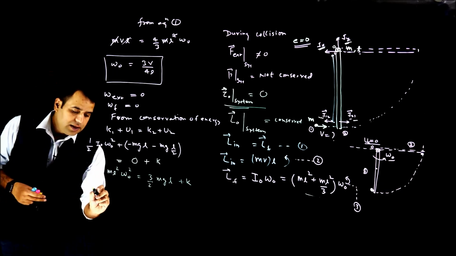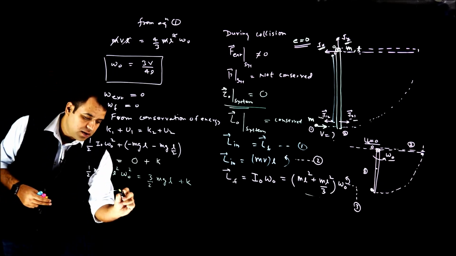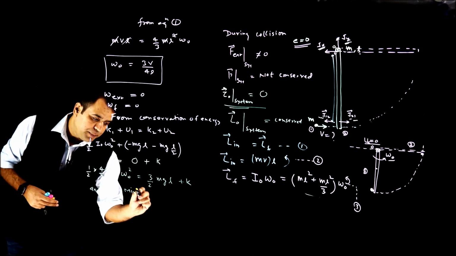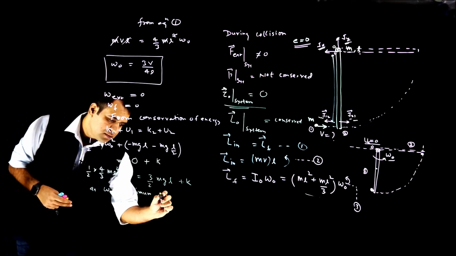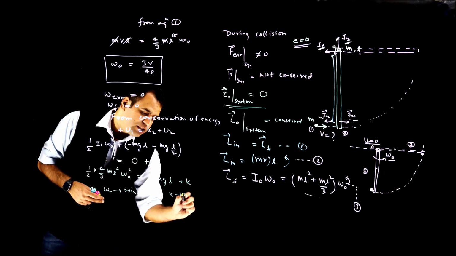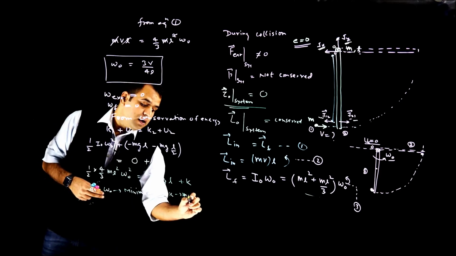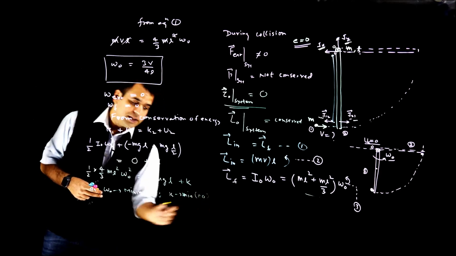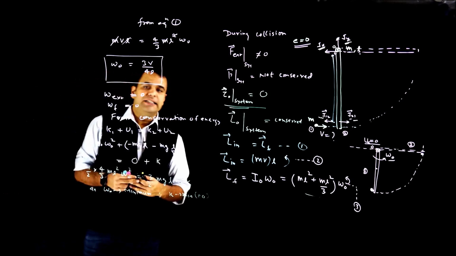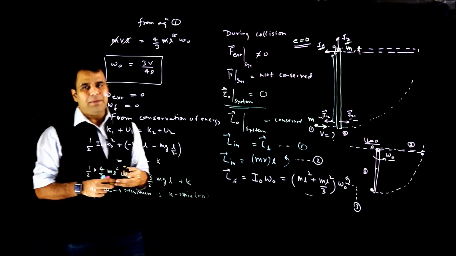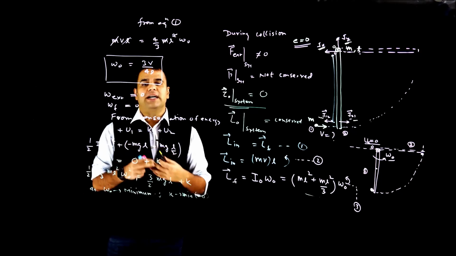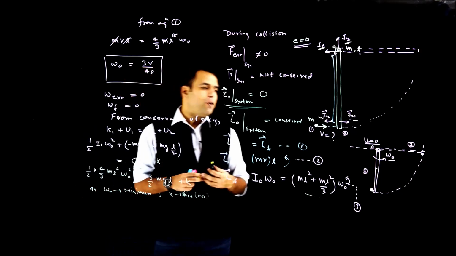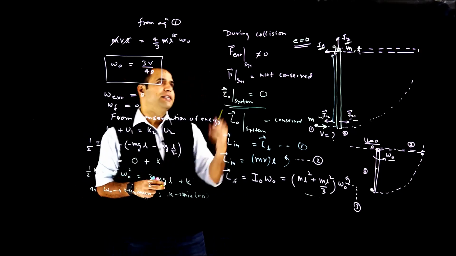Now see, as this omega naught will tend towards minimum, this K will also tend towards minimum, and that minimum is 0. So when this final kinetic energy becomes 0, we will get the minimum possible value of omega.